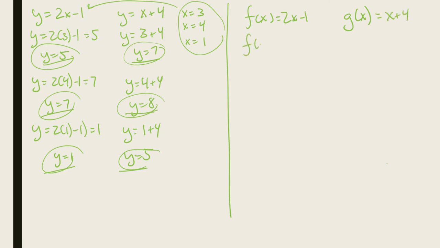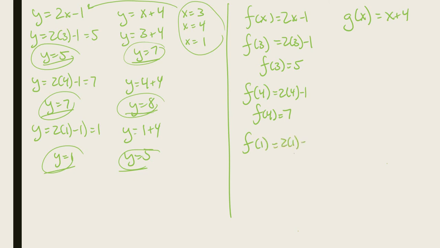Now, if I use the same three values, f of 3 equals 2 times 3 minus 1, so f of 3 equals 5. F of 4 equals 2 times 4 minus 1, so f of 4 equals 7. And f of 1 equals 2 times 1 minus 1, so f of 1 equals 1.